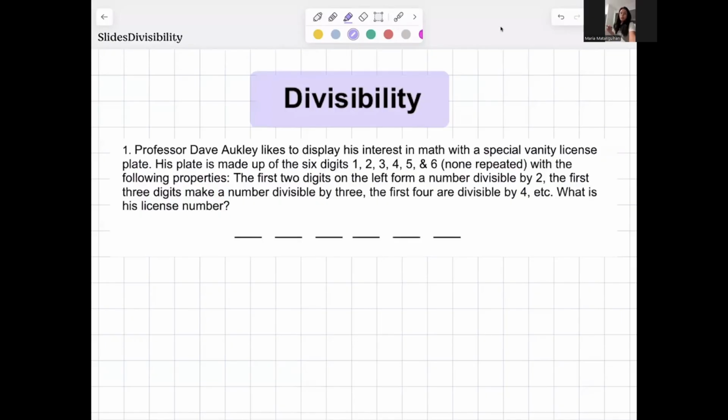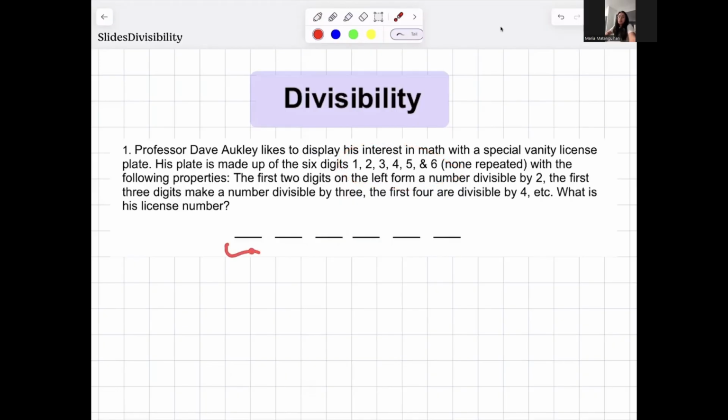Professor Dave Ockley likes to display his interest in math with a special vanity license plate. His plate has 6 digits, one, two, three, four, five, and six. None are repeated, and it has the following properties. The first 2 digits in the plate are divisible by two. Here you can see we have these six spots to place each of these 6 digits.